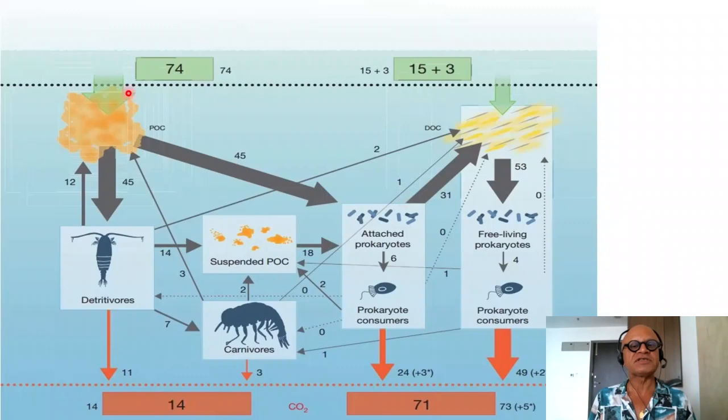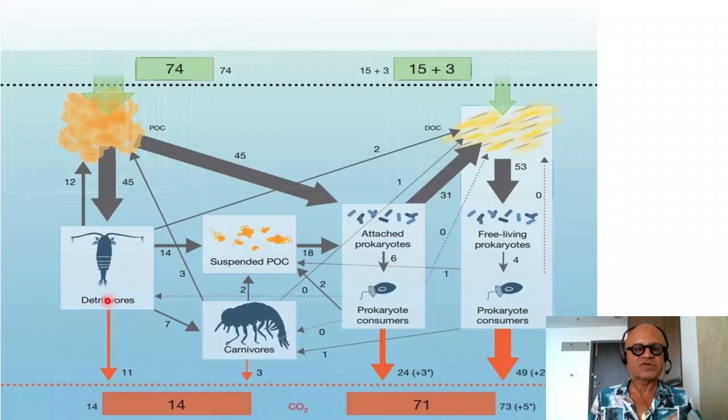So you have here exchanges from the euphotic zone into the twilight zone, various compartments. I won't read the numbers. These are estimates made by one study from 2014 that was published here in terms of carbon movement in the oceanic twilight zone. So you have compartments like the particulate organic carbon, dissolved organic carbon.